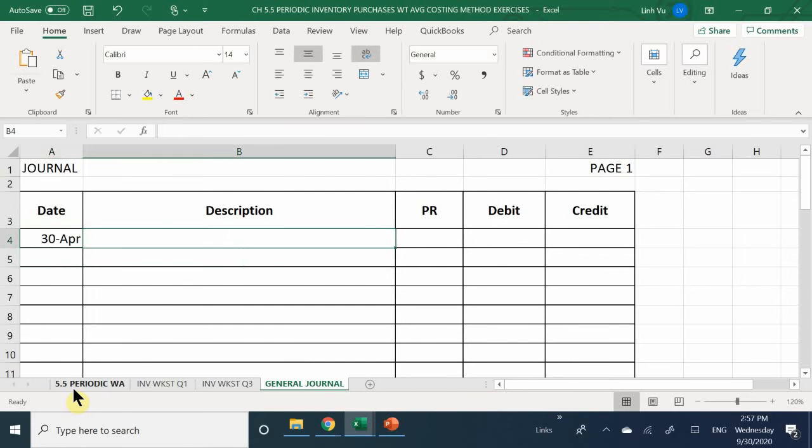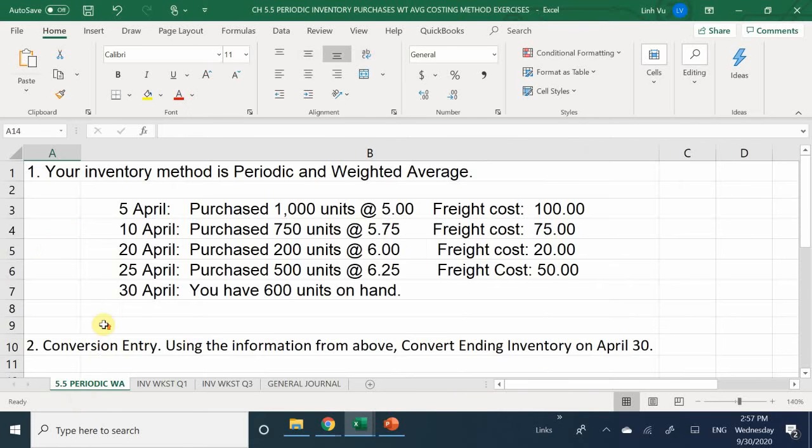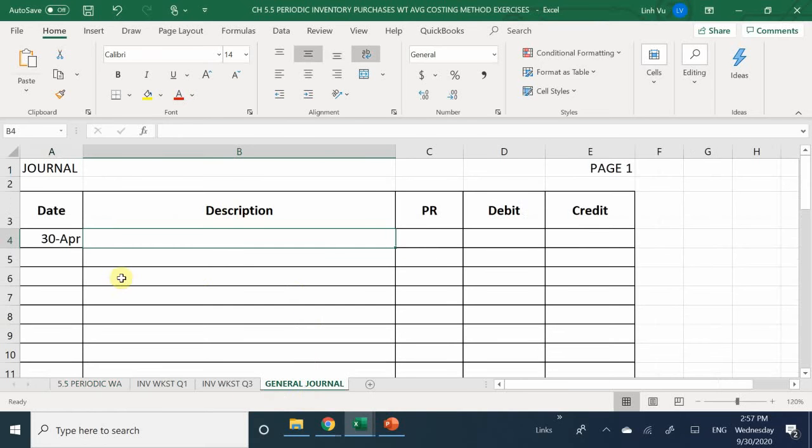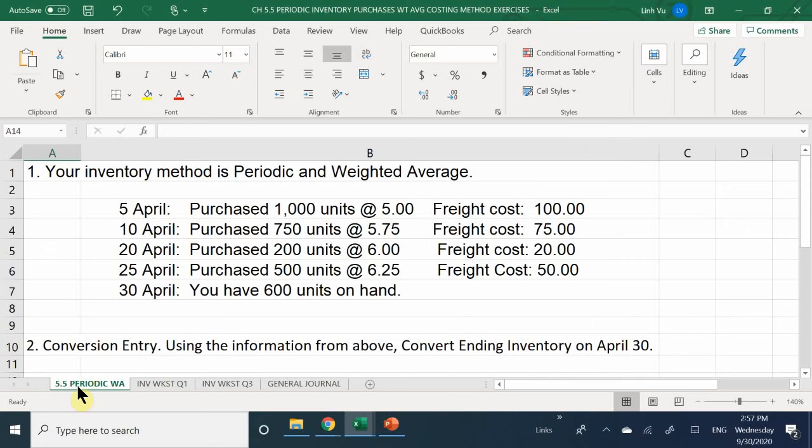So how is my journal going to look? I am going to the date of April 30th, obviously, and it's going to be inventory. Now, do we have a specific item that we bought?